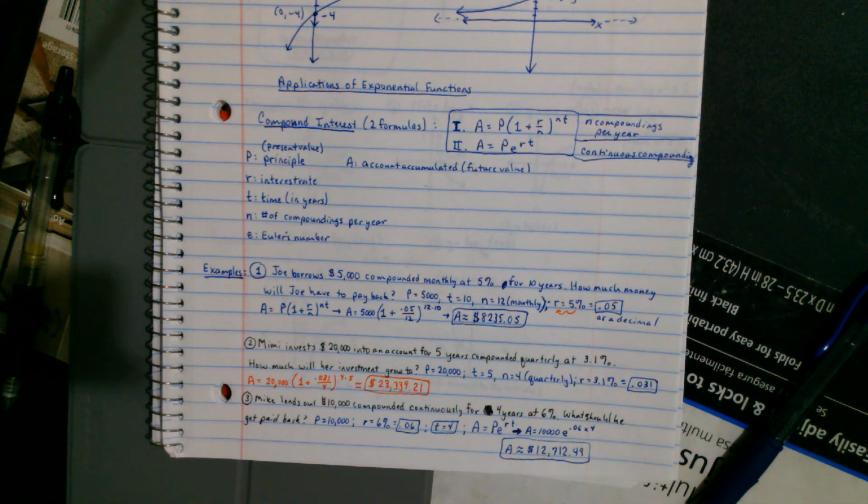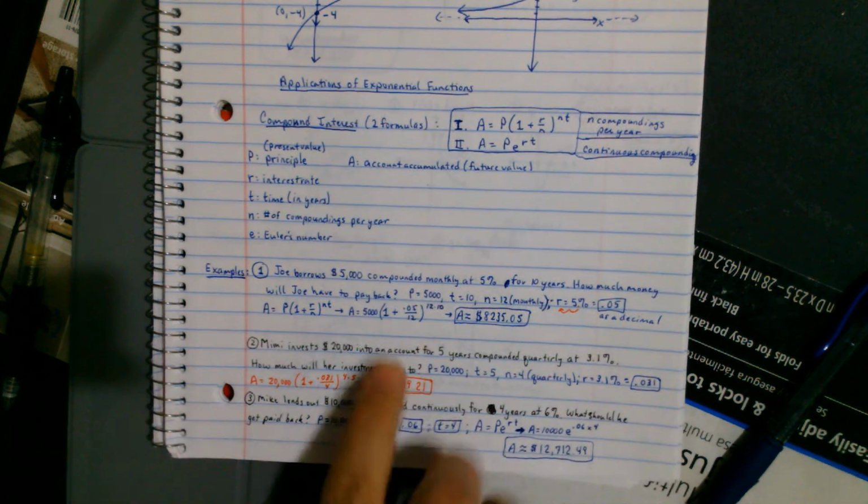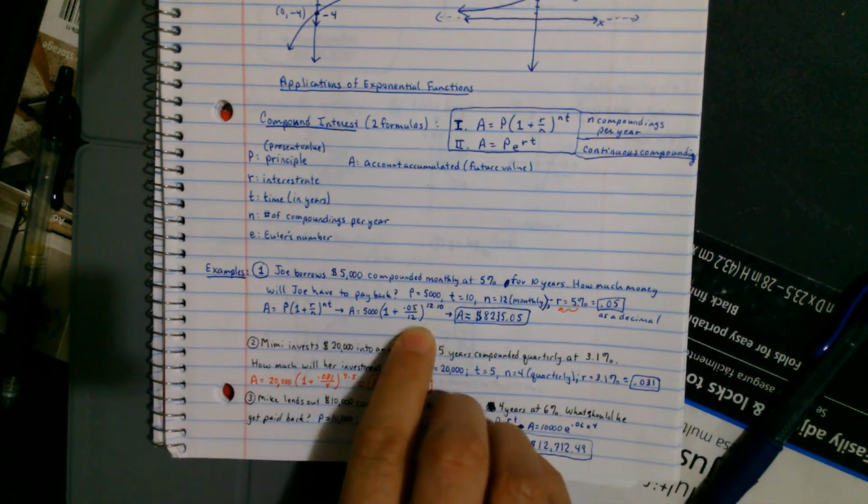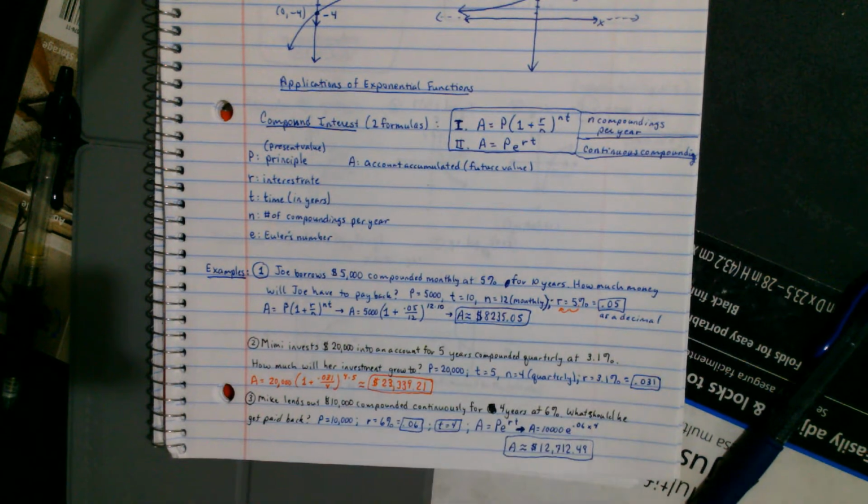So the formula with the numbers plugged in: P times (1 plus r over n) raised to the n times t power. So 5,000 times (1 plus 0.05 divided by 12) raised to the 12 times 10 power.